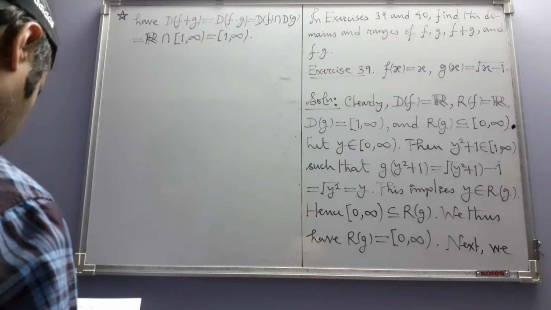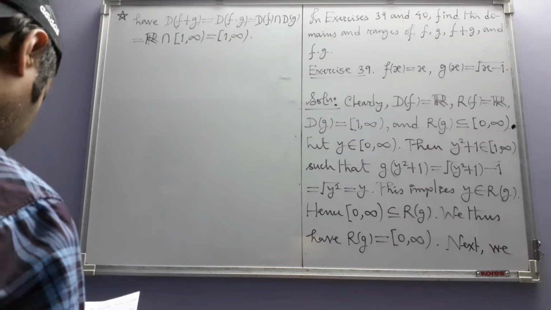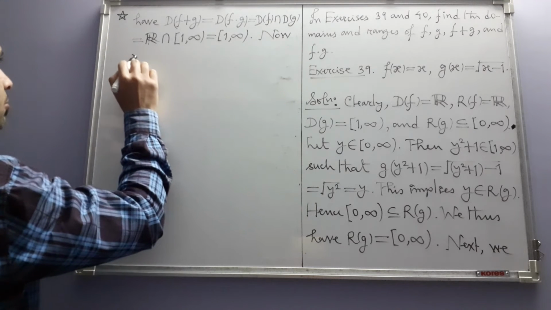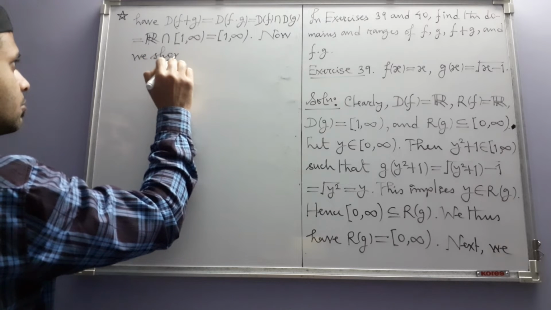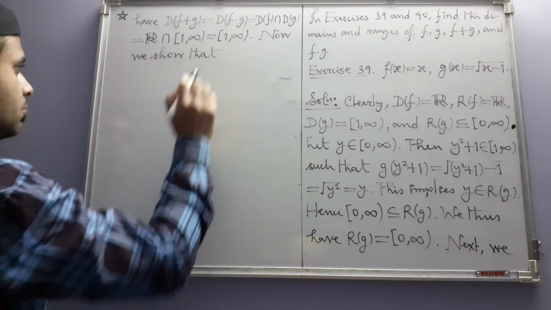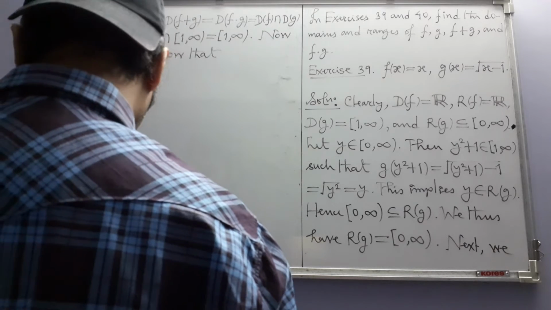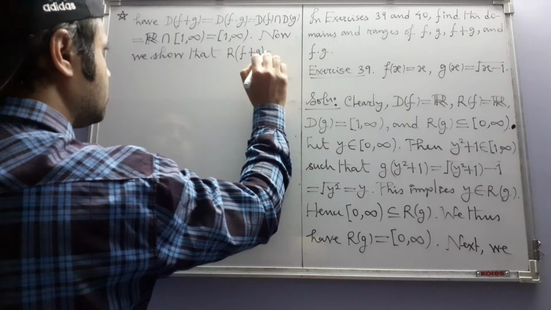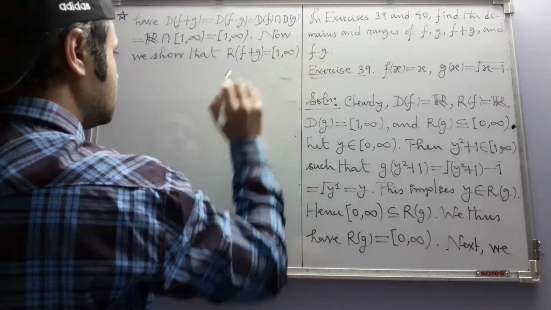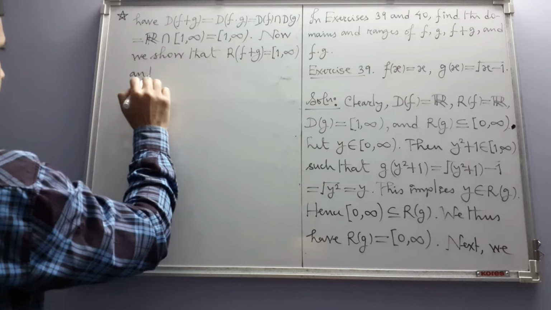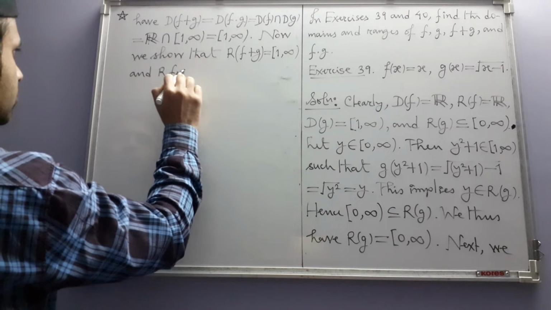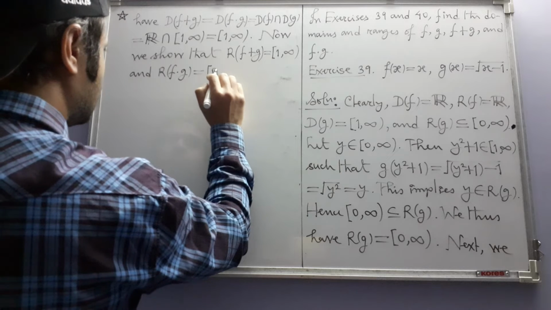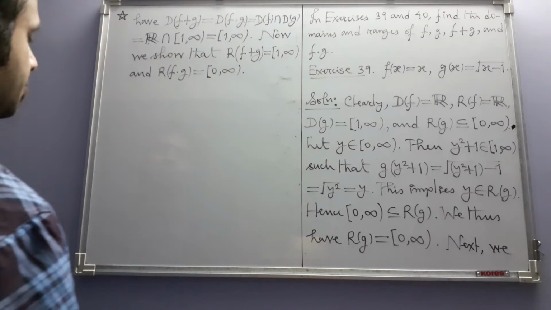Okay. Now we show that the range of f plus g is also equal to this ray 1 comma infinity, and the range of f dot g will be equal to 0 comma infinity.